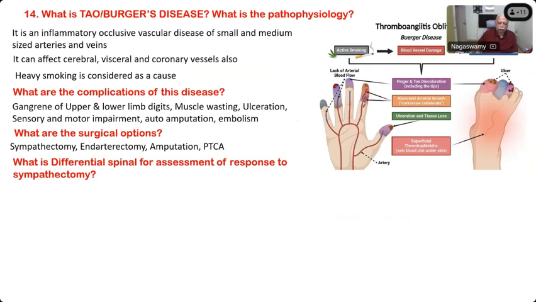So before planning to do that sympathetic excision, how can you find out whether the sympathectomy is going to be useful or not? This is a common question they may ask you. Unfortunately, if this case is available in the exam, and you go for it.